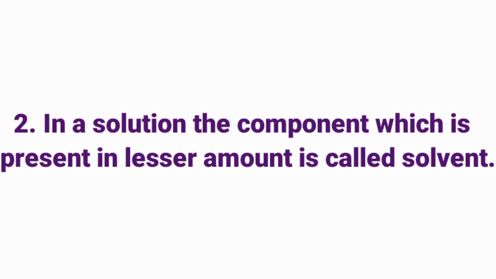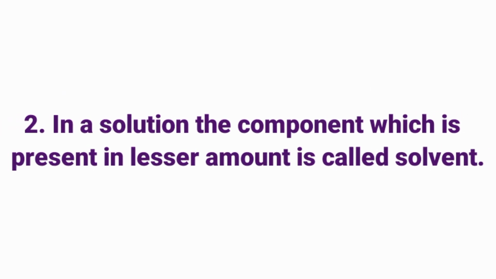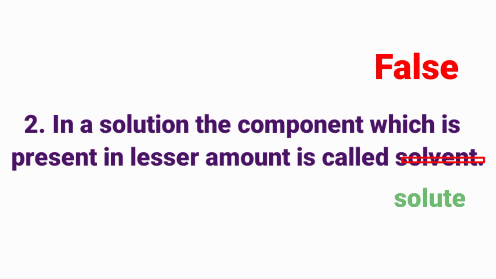In a solution, the component which is present in lesser amount is called solvent. Answer: false. Not solvent, solute. Correct statement is in a solution, the component which is present in lesser amount is called solute.